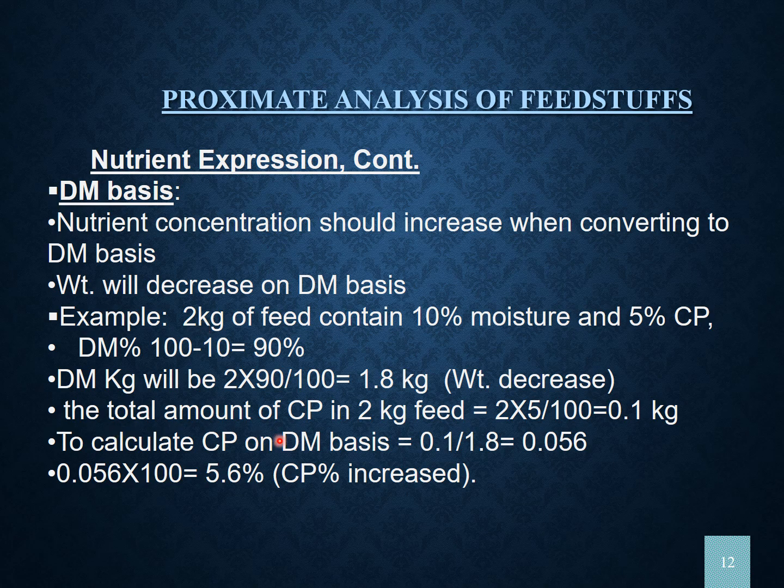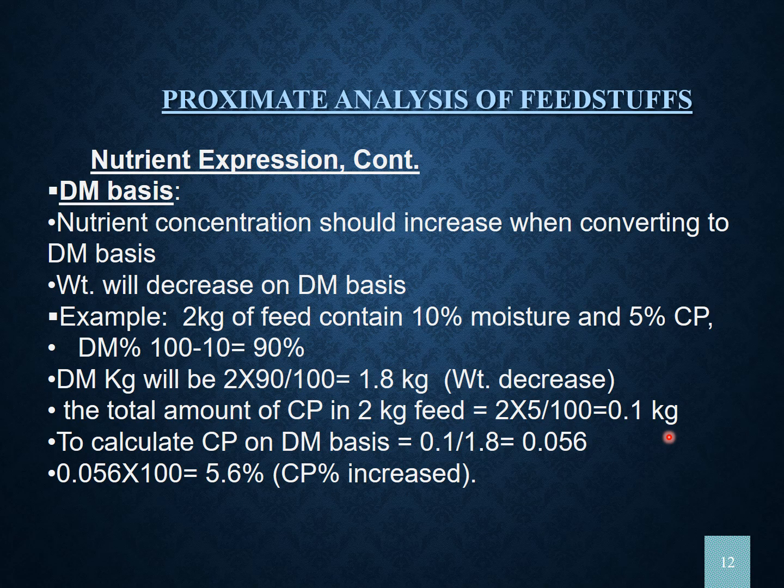That is the 5% crude protein multiplied by 2 kilograms, as we did for the dry matter. So 2 multiplied by 5 divided by 100, because it's a percentage, equals 0.1 kilogram. This is the amount of crude protein in kilograms in the feed.